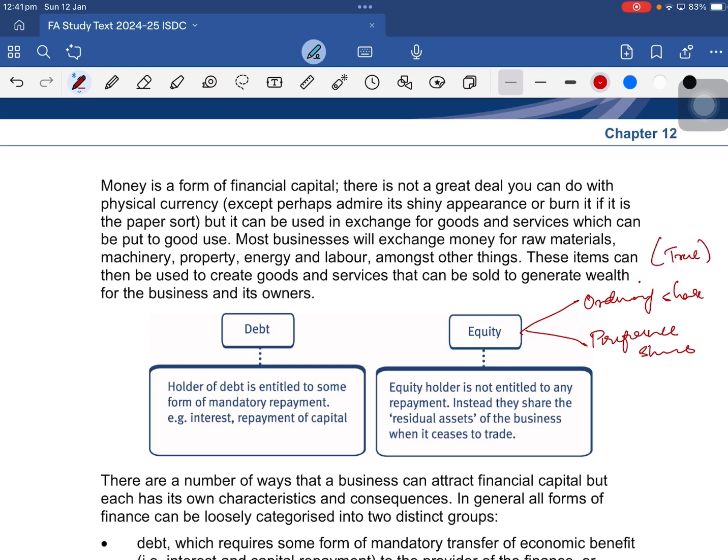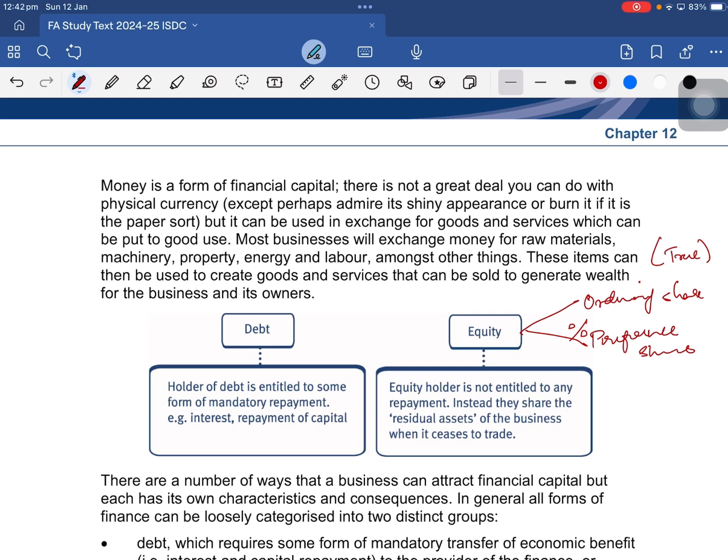That means they have the voting rights and can make the decisions, but the dividend depends upon the profitability of the company. Whereas preference shares get a fixed dividend, and they are not true owners of the company because they always get the fixed dividend. So their voting rights are below the ordinary shareholders.